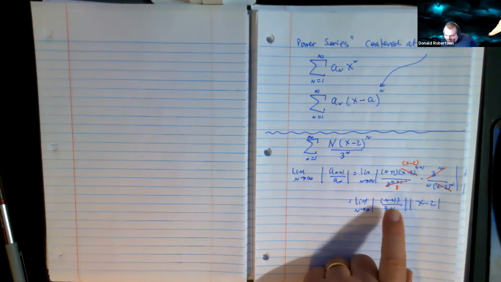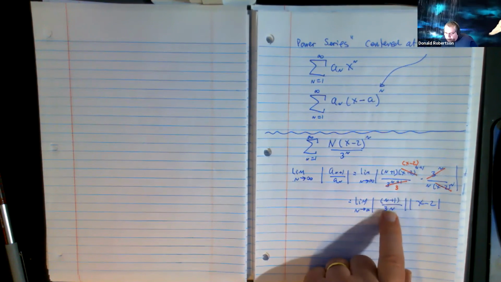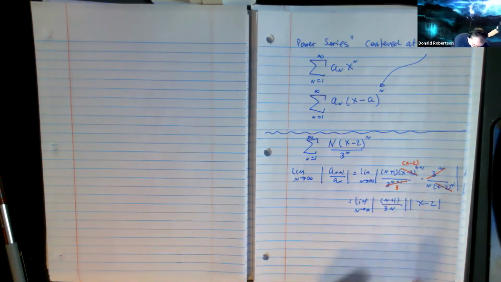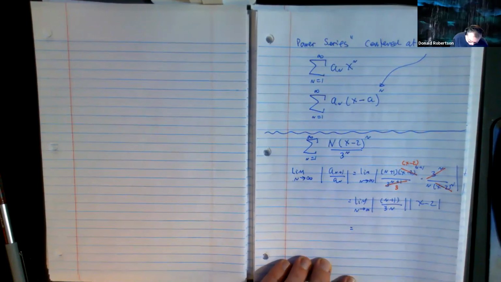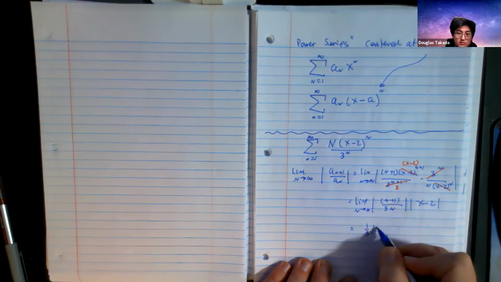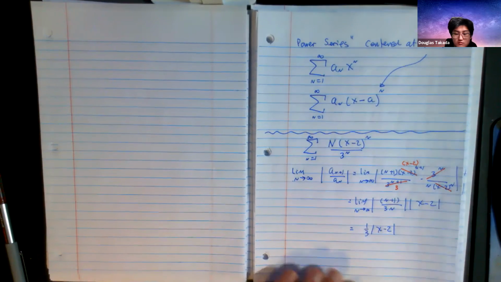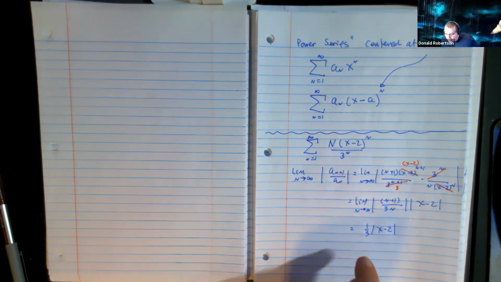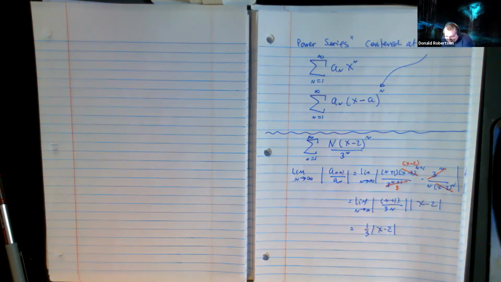We've done enough of these. What's the limit of this piece here as a number? 1/3. So instead of 1/3 absolute x, we're going to get 1/3 absolute x minus 2. Keep pushing this. Would you agree up to this point the math is virtually identical?